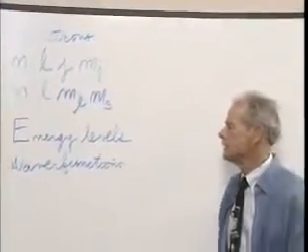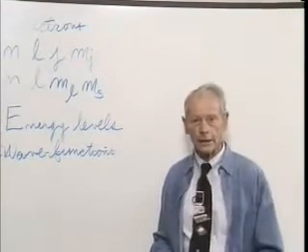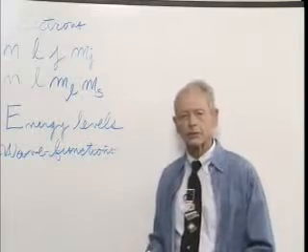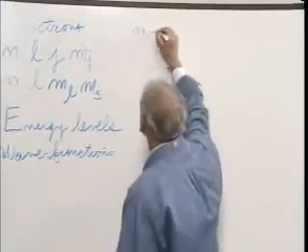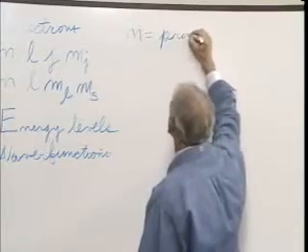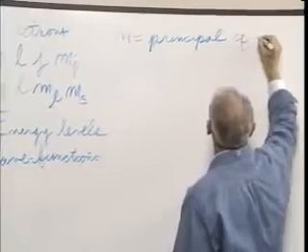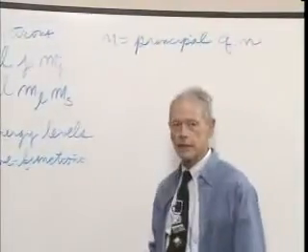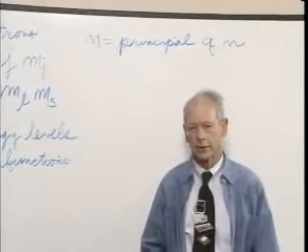Now I'm going to tell you some of the conventions without telling you all the reasons why it comes out this way. I'll just say that's the way it is. N is the principal quantum number. Roughly speaking, it refers to the gross energy of that electron.